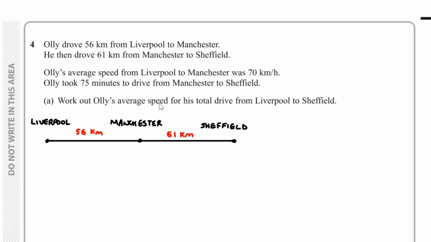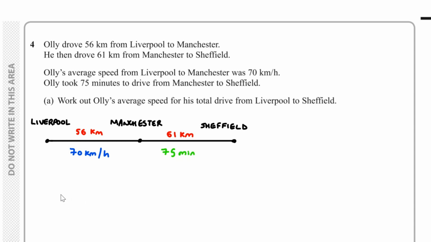And the average speed from Liverpool to Manchester was 70 kilometres per hour. And Ollie took 75 minutes to drive from Manchester to Sheffield. So here, Manchester to Sheffield, we have 75 minutes.